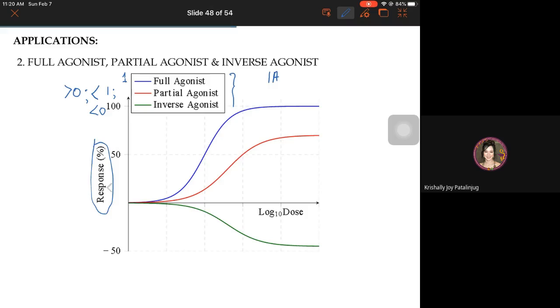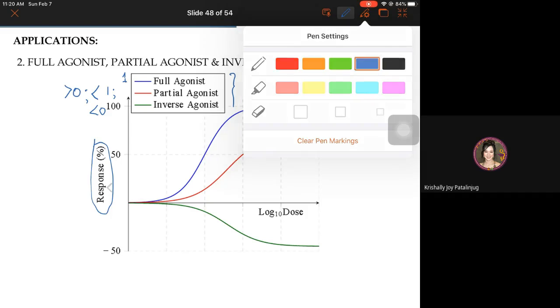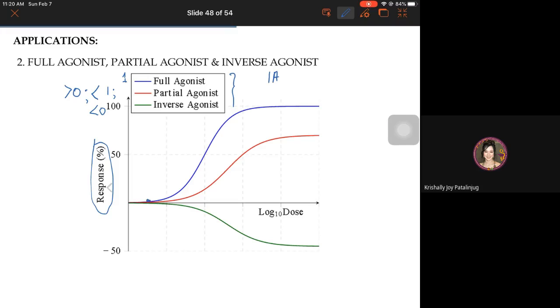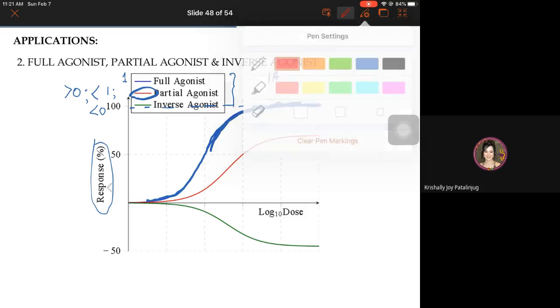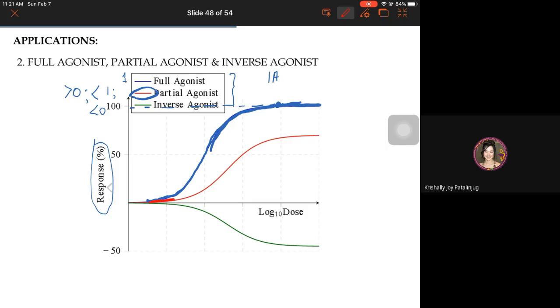Therefore, for a full agonist, you have this particular dose response curve, where it attains the full pharmacologic effect. Then for the partial agonist, you have a curve on a red line.